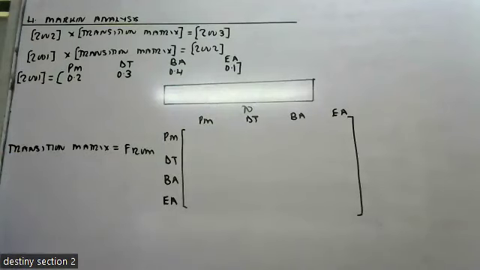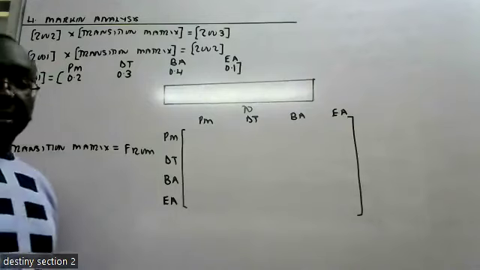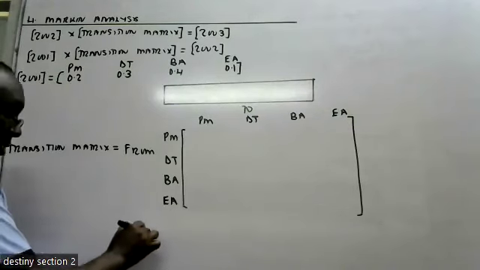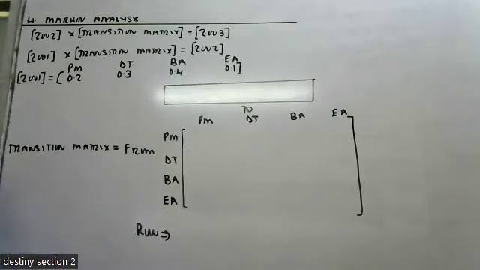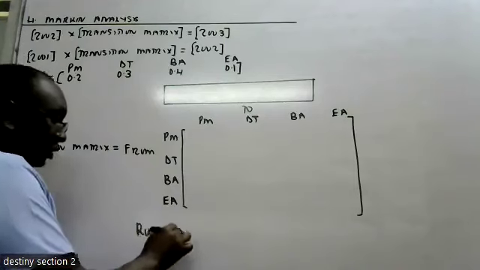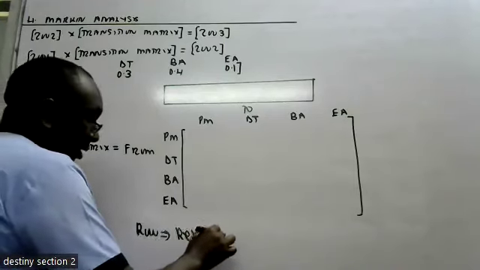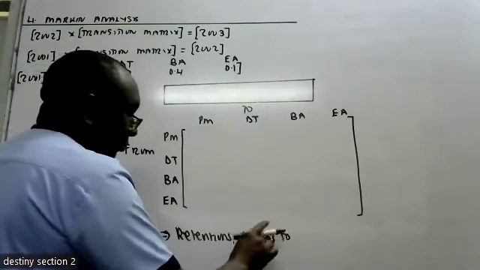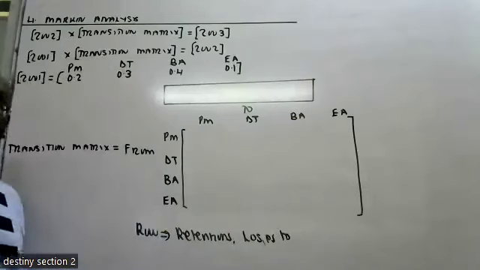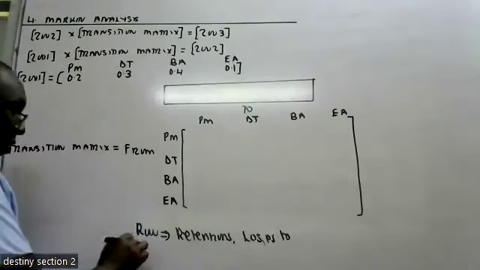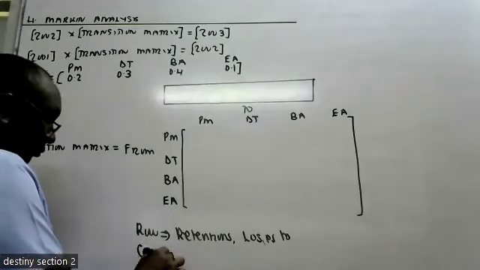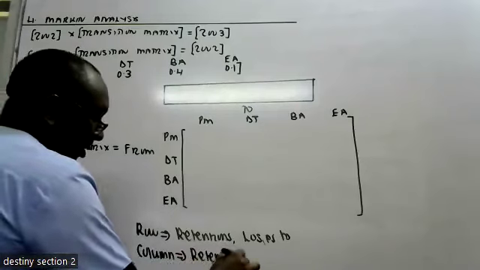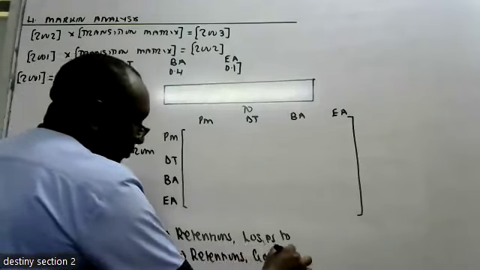Now, in this transition matrix, as you noted in your notes, we have a row. A row shows us two things. One, it shows us retentions. And number two, it shows us losses too. And then we have a column. A column shows us retentions and gains from.